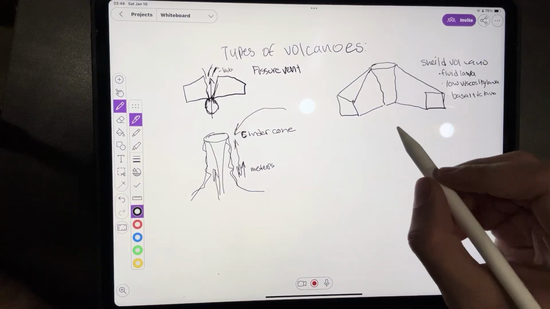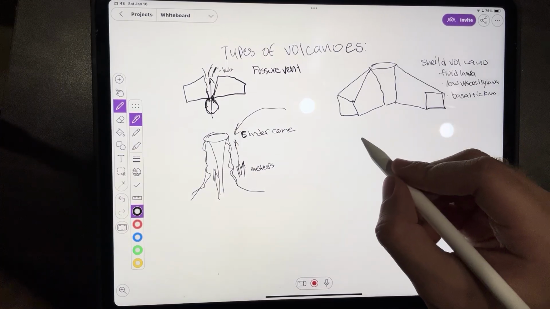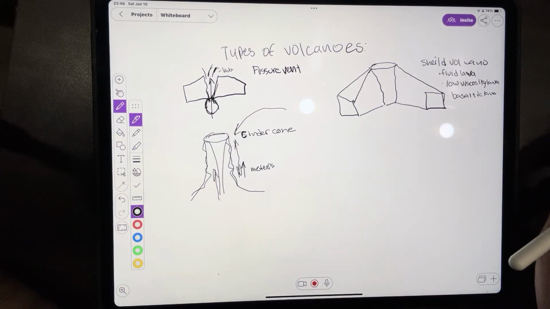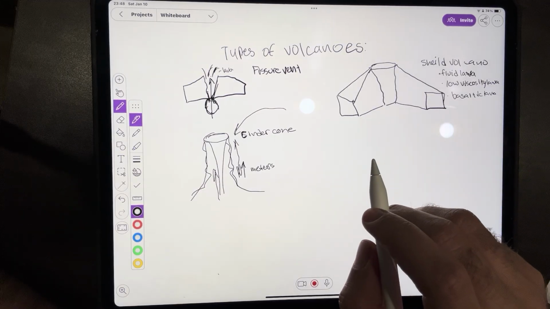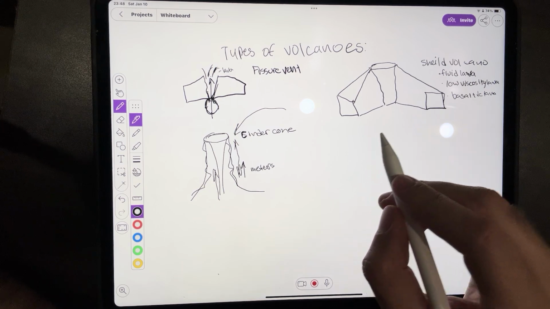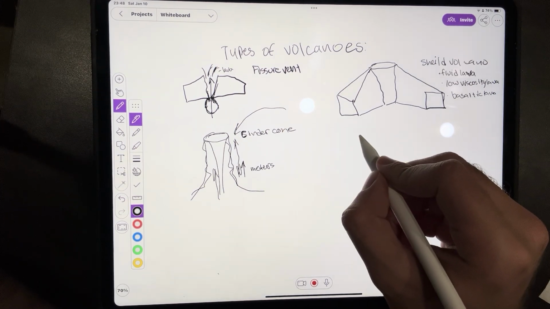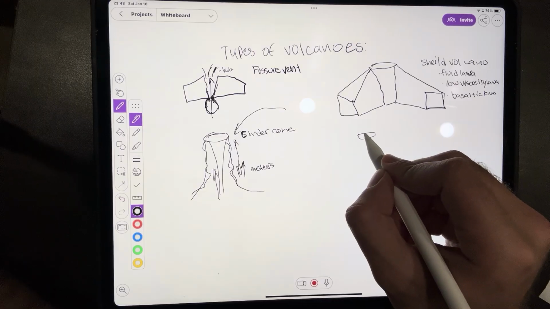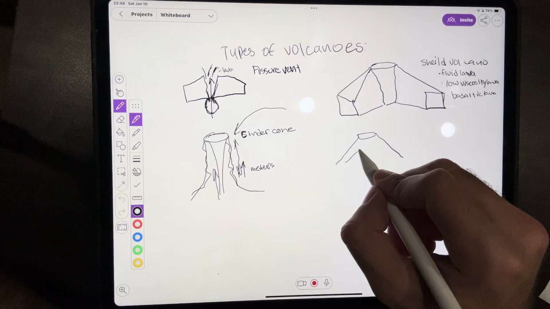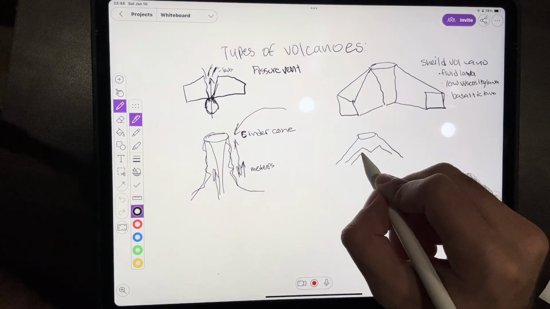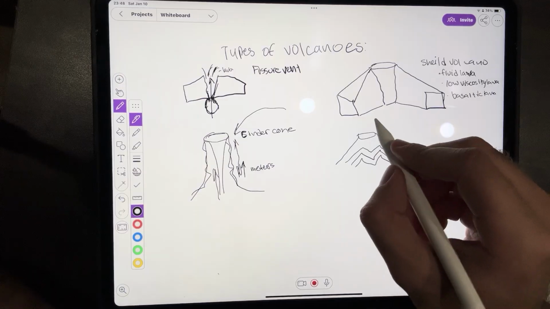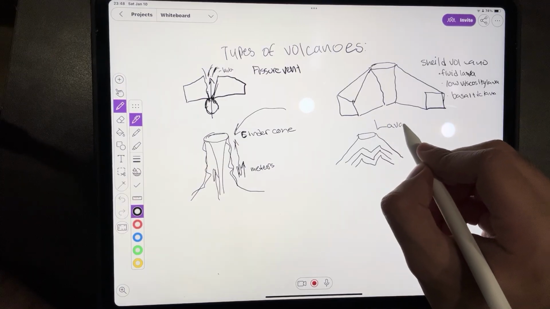Now there's another volcano also that is built up of lava, which is called a lava dome.